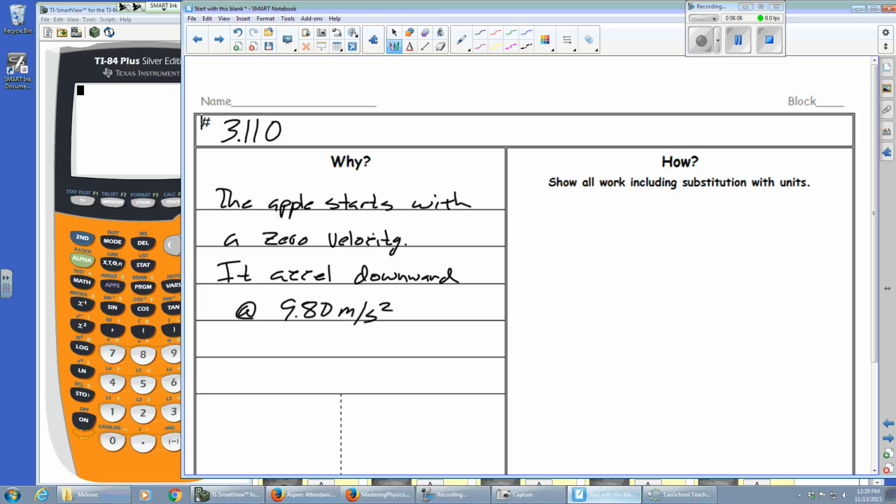And then I'd probably add in there, just to show I completely understand, how far it falls depends on how long it falls.